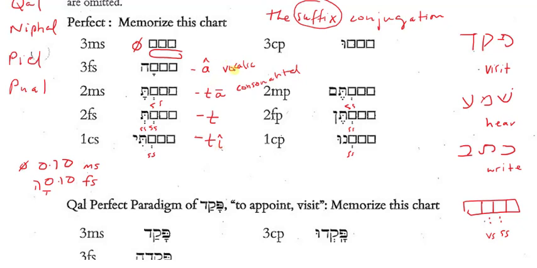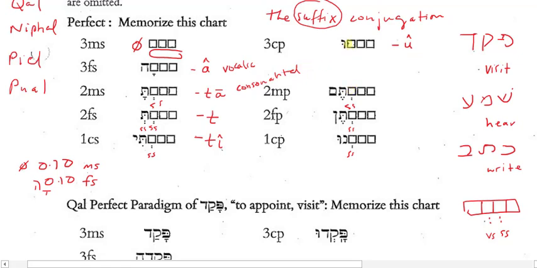All right. If they did something, third common plural, it doesn't matter whether it's male or female they, what am I adding to the end of root 3? What is that vowel called? Shurik, and it's transliterated with a U and a party hat. Is that a vocalic or a consonantal ending? Vocalic. Good, thank you. So I'm adding a vowel to root 3. Notice that there's no silent shava under root 3.